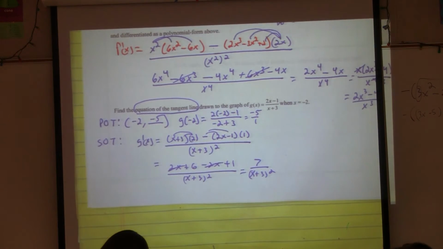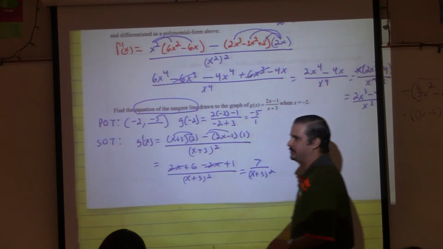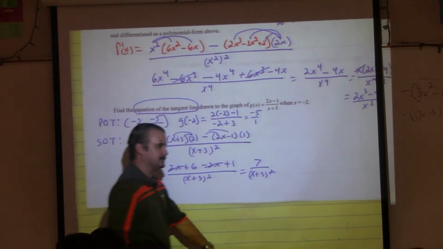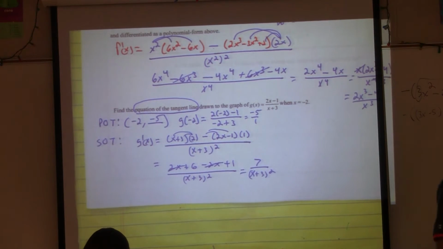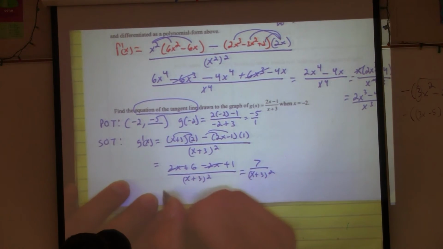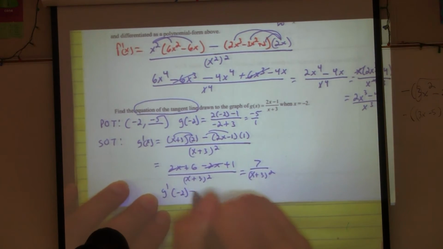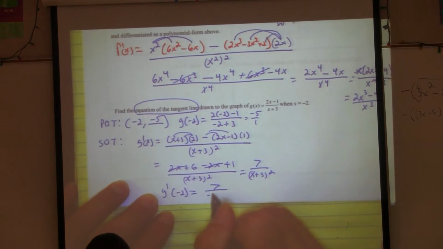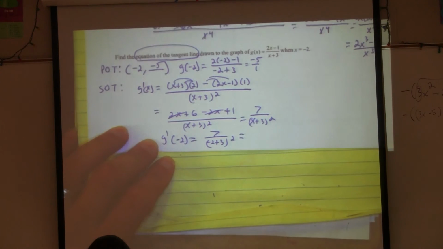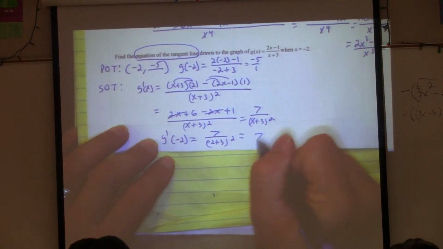So do I have my slope generator, my formula for the slope of any tangent line at any point for this particular curve? Yes. All right. We want one specific slope, and that one is at what? At -2. So let's find g prime at -2. So we got 7 over -2 plus 3 to the second power. What is that going to give us? 7 over 1, which is just 7.